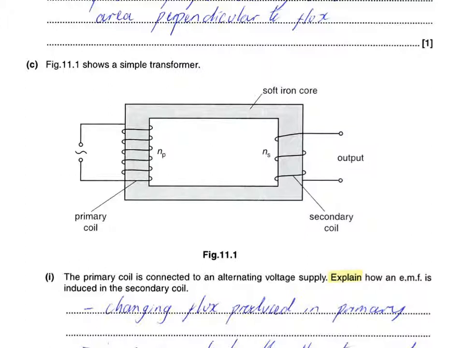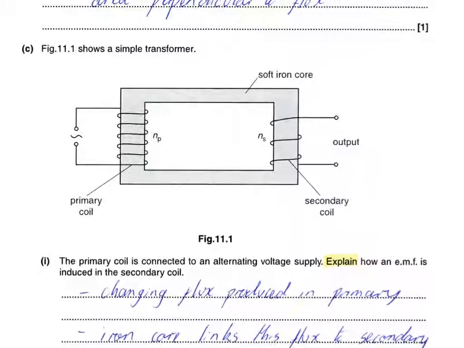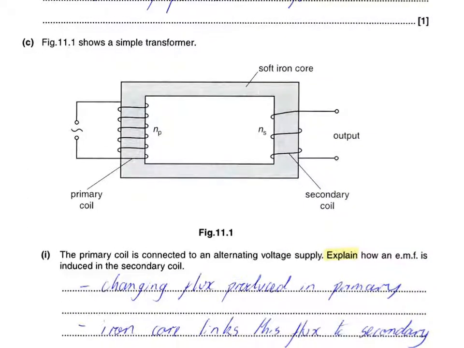The key here is that EMF is rate of change of flux linkage, so I've got to really demonstrate how I'm getting a changing flux linkage in that secondary. So changing flux is produced in the primary by that AC supply, so we get a changing magnetic field here because of the changing AC supply in that coil.